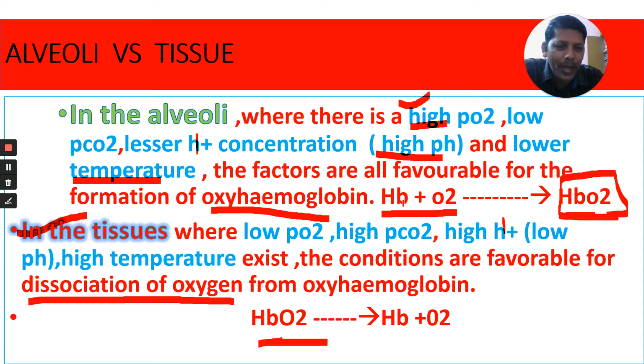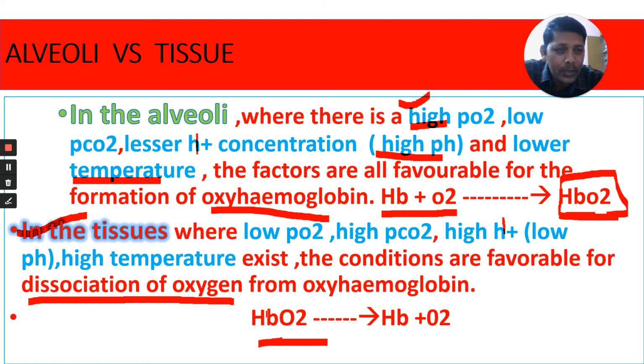We can take a small analogy here to understand easily. There is a marriage between hemoglobin and oxygen, forming oxyhemoglobin, because conditions are favorable. And then there is a divorce between hemoglobin and oxygen because the conditions are not favorable here.